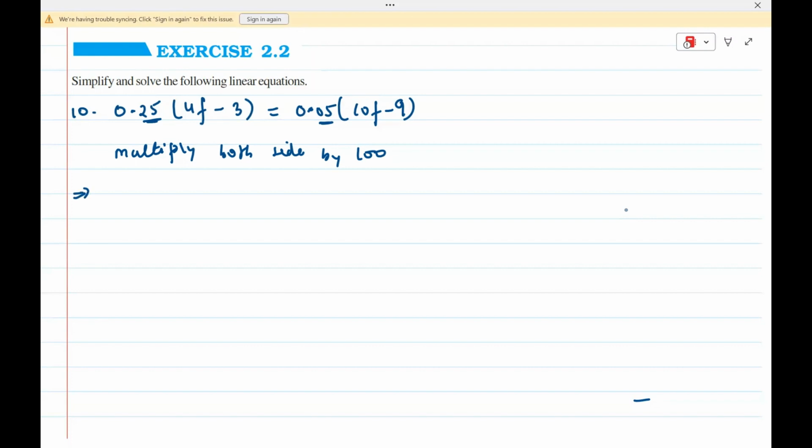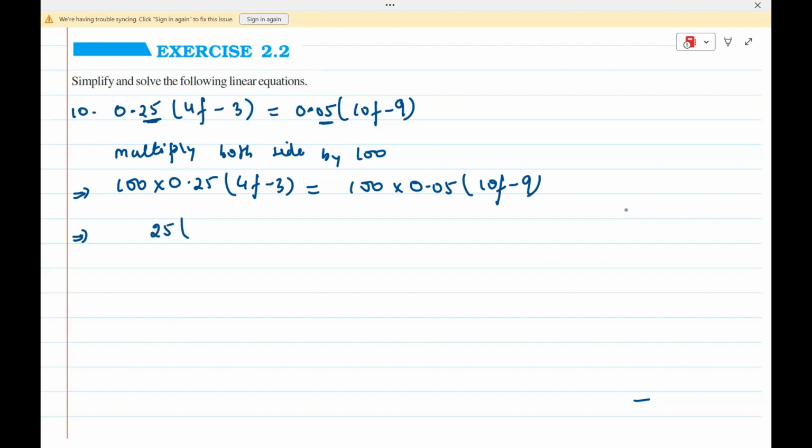So here, when I multiply by 100, 0.25(4f minus 3), right hand side also 100 times 0.05(10f minus 9). So this will give you 25(4f minus 3). Here 0.05 into 100 is 5. That is 5(10f minus 9).